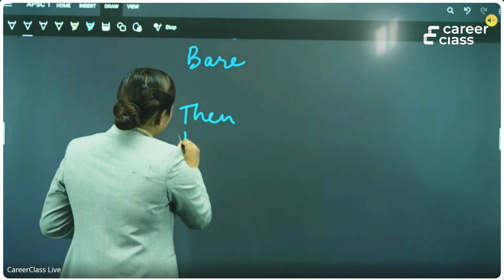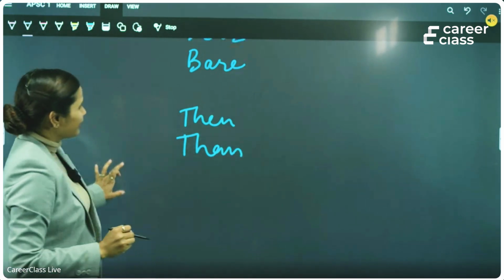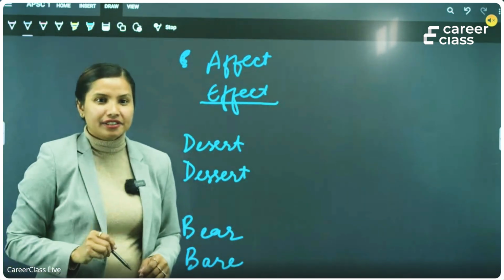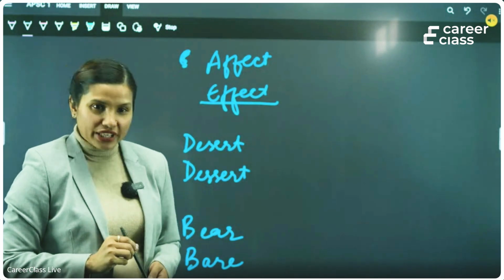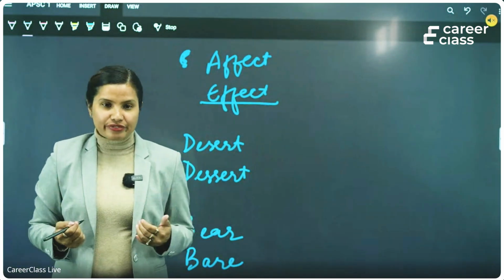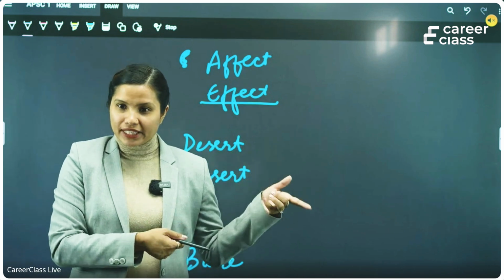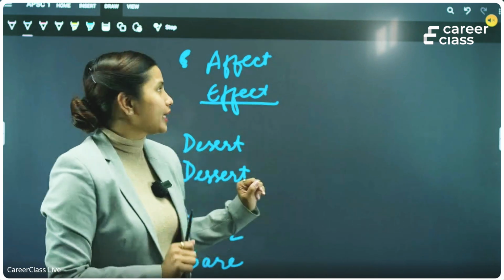Then and then. Okay. So yes, effect. The bad weather affected me. Very good. The bad weather affected me. It happened in the past, so she was explaining it in the past tense. Okay, and effect.